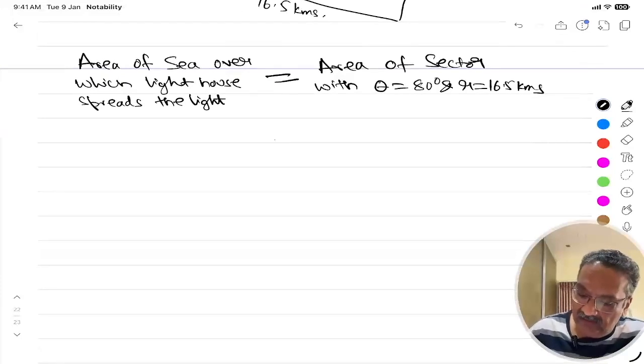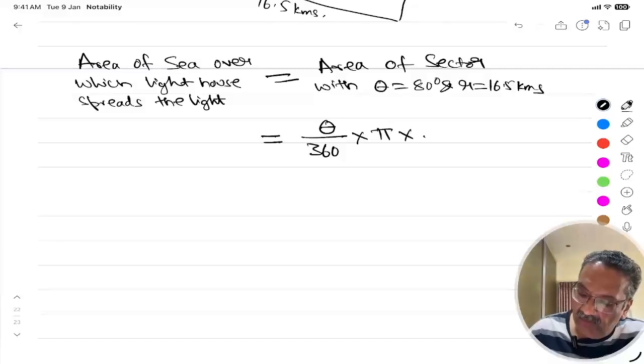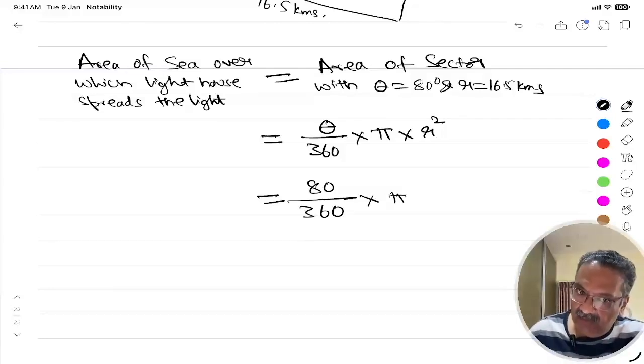We know the formula to be theta by 360 into pi into r square, which is equal to 80 by 360 into pi into 16.5 into 16.5.